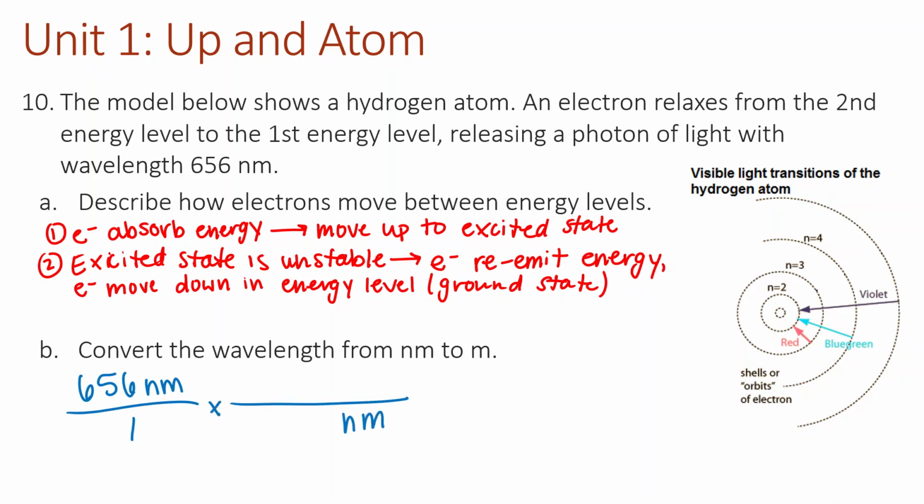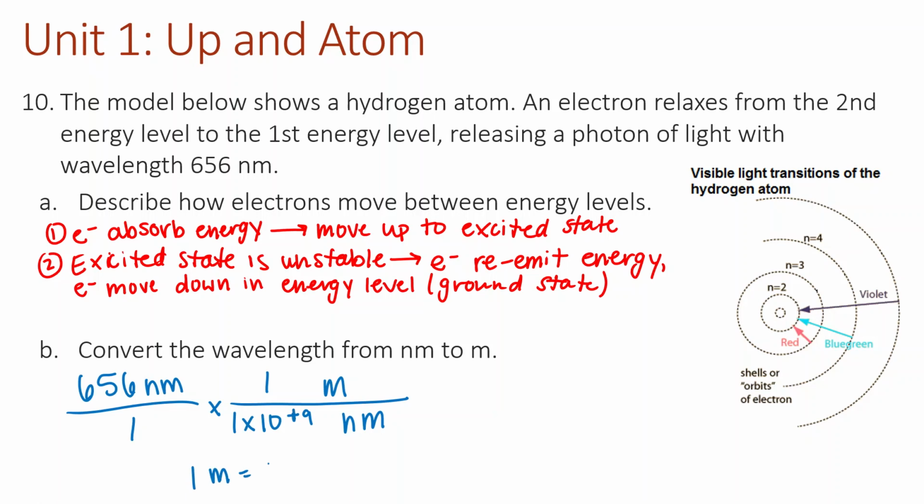That means nanometers needs to go on bottom so that unit cancels, and meters needs to go on top. So 1 meter is the same thing as 1 times 10 to the 9 nanometers.